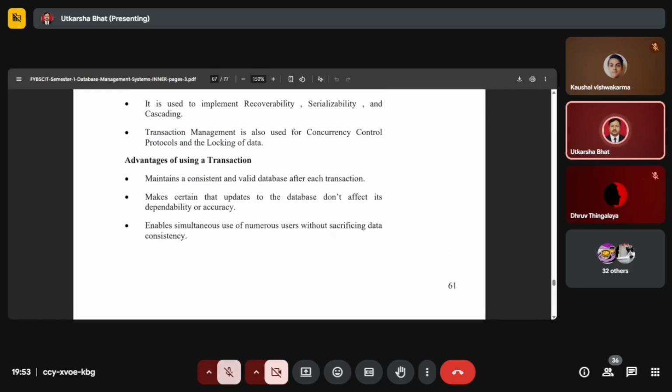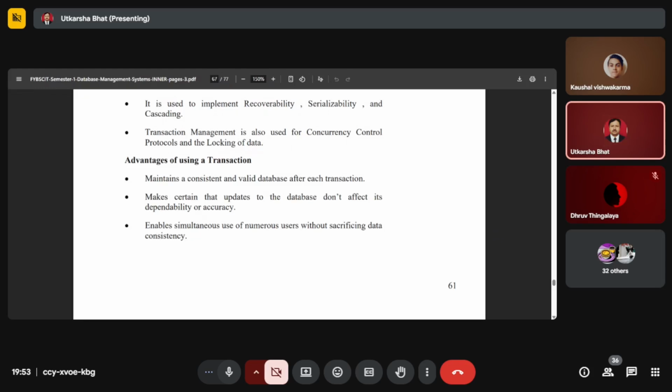Advantage of using transactions. Maintains a consistent and valid database after each transaction. Makes certain that updates to the database do not affect its dependability or accuracy.